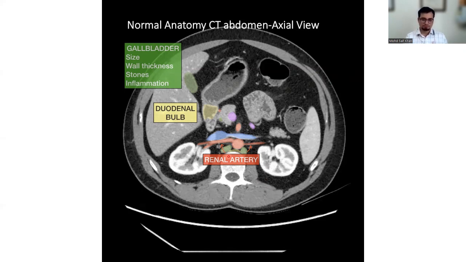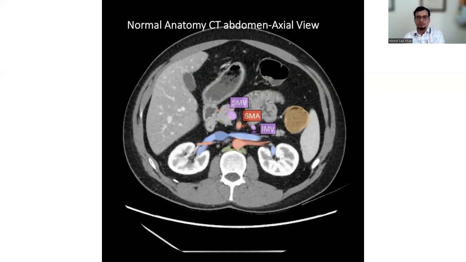Now look at the branches of the aorta. Again, there are two more branches arising out of the aorta and going into the kidney. These are renal arteries. Just anterior to the renal artery, the IVC is giving rise to one more branch, which is actually the renal vein.